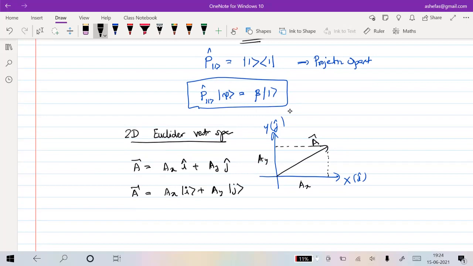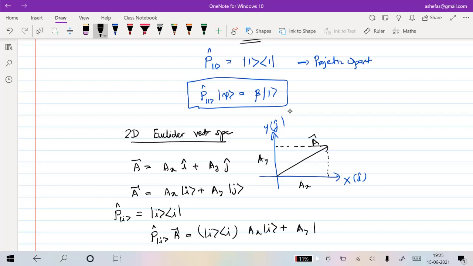Now if you define a projection operator I, which is equal to |i><i|, then the projection operator I acting on vector A gives |i><i| (Ax i plus Ay j). Now the dot product between i and i would be 1, and the scalar product between i and j would be 0.